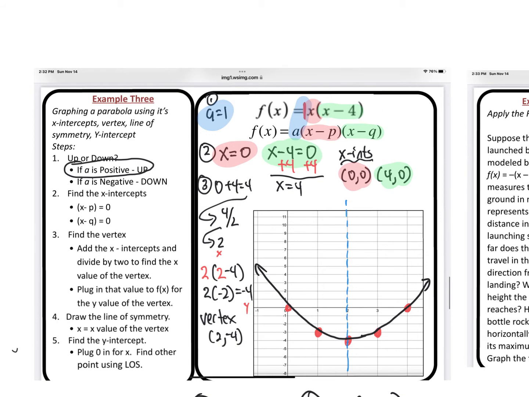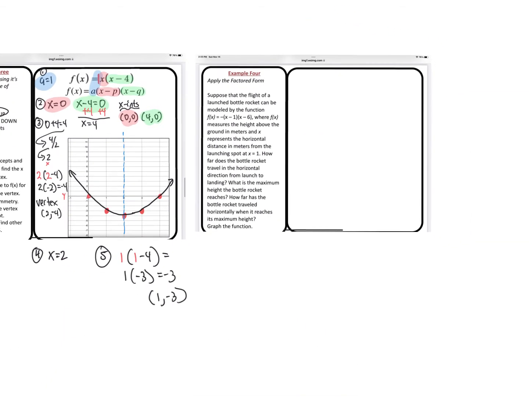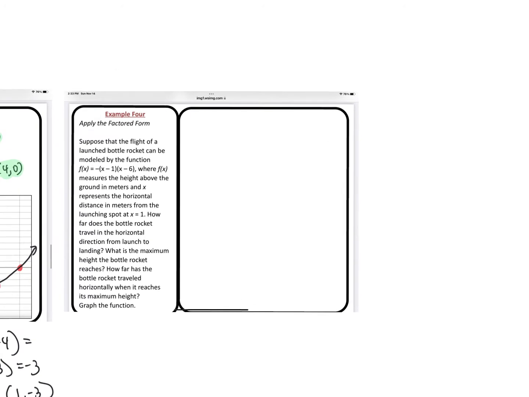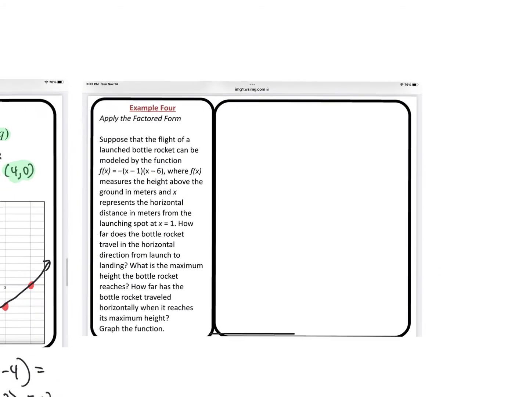All right. So that said, let's go ahead and take a look at the application that is going to be expected of us. Okay, so in this application, we are launching a bottle rocket.